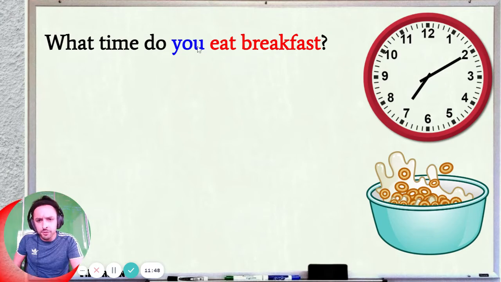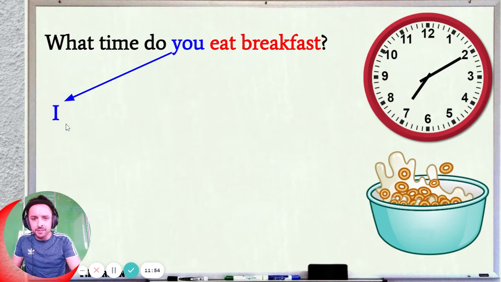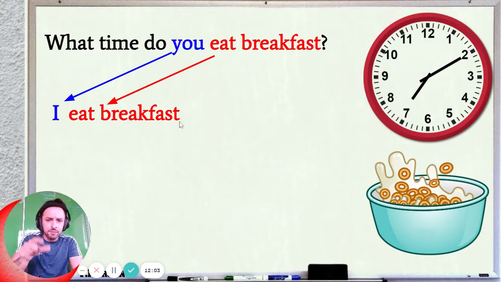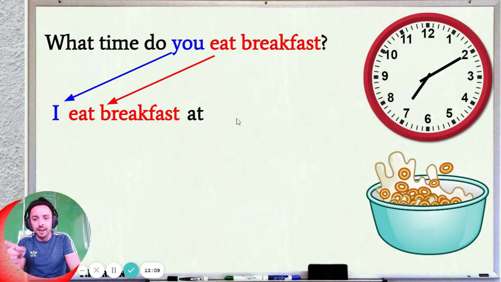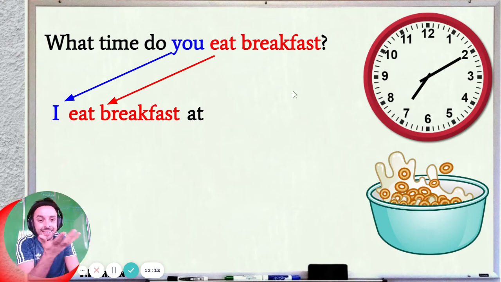First word, you changes to I. That's right, I. I what? Then we bring down the verb. I eat breakfast. And the small word, I eat breakfast at. Then we need the time.